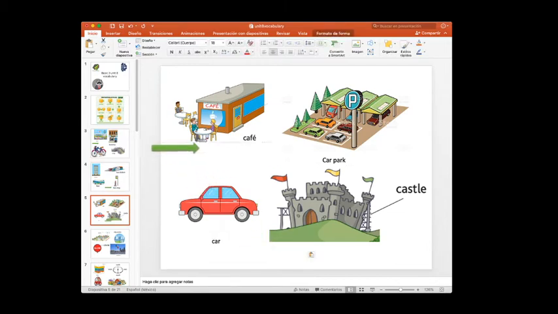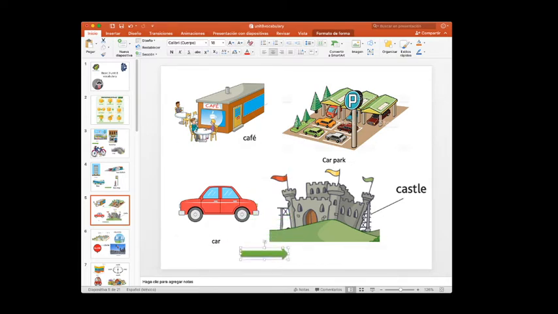Here we have this option that is cafe. This other one, this is a car. For example, when you park your car, it could be car park.